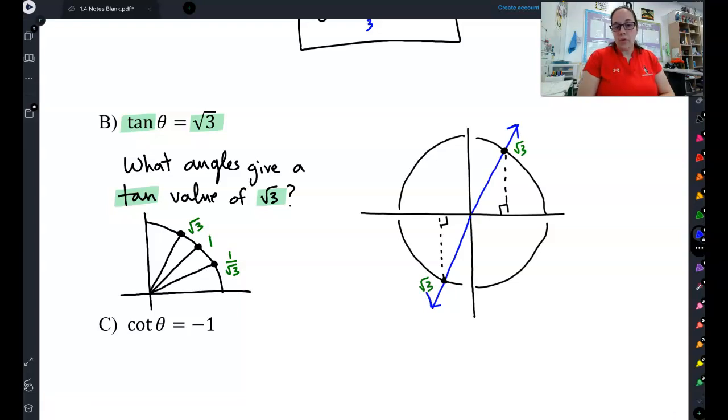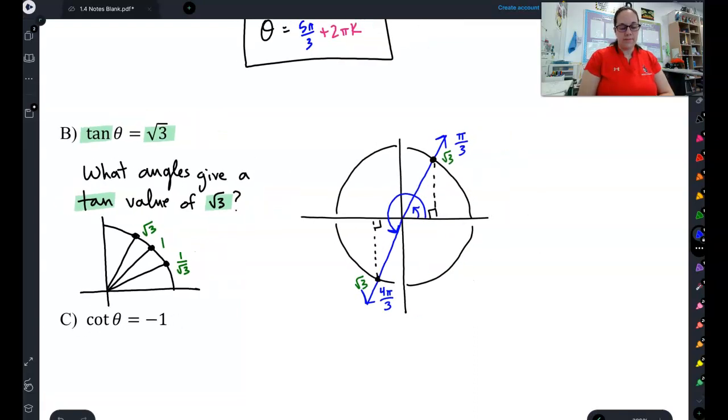This one, remember, don't think in degrees, is pi thirds. And then to get all the way around to this one is going to be 4 pi thirds. So I want these two angles, and I still want all my angles, so I'm going to add my 2 pi k to account for all my coterminal angles.